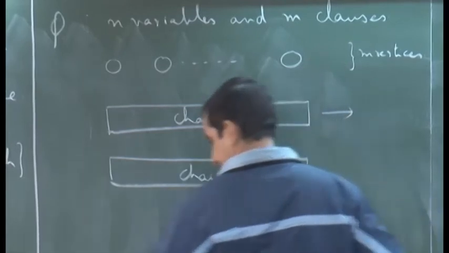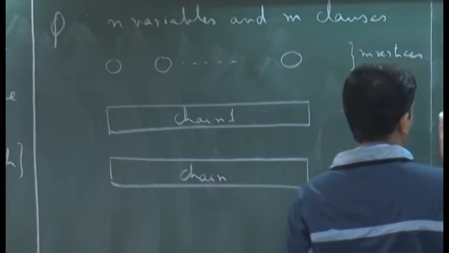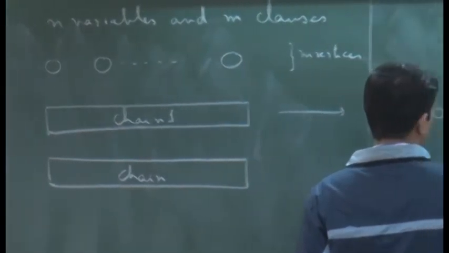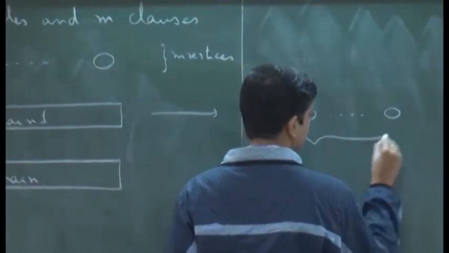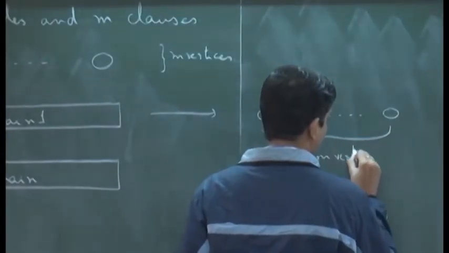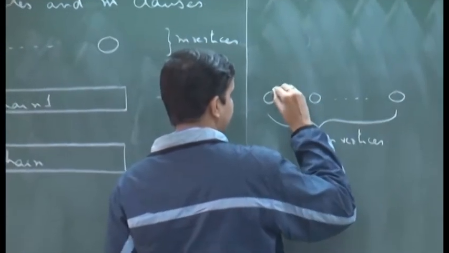So, I take a sequence of 4m vertices, and I add edges between them in this manner.